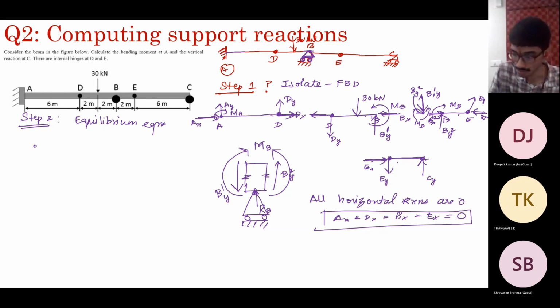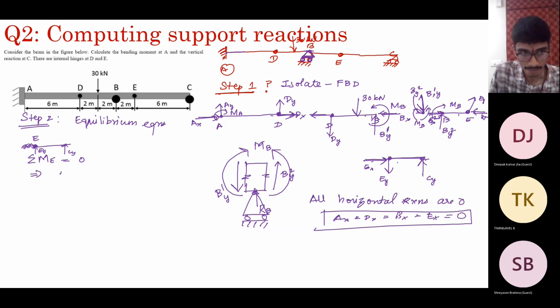So consider the last one. Set sigma M. You have EX, you don't have EX, it is 0. EY acting here and CY acting here. Just set sigma ME equal to 0, which means take moments about this point. What is the length of this? It is 6 meters.